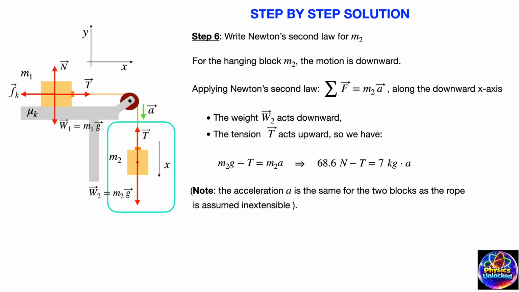We need to note an important fact here. The acceleration A is the same for the two blocks because the rope is assumed to be inextensible. So if the rope does not extend, of course the acceleration of the block number 1 must be the same as the acceleration of the block number 2.